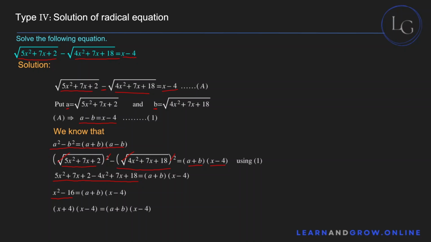And again, you'll use this particular formula and apply it here. So x squared minus 16 can be written as x plus 4 into x minus 4. So now, as you know, these x minus 4 terms can be cancelled out. So a plus b is equal to x plus 4, and this is now equation 2.